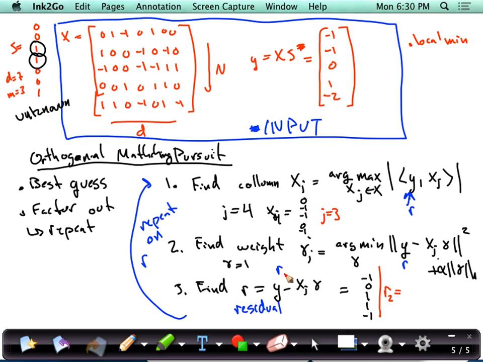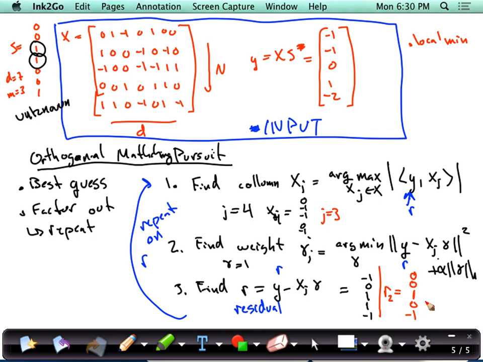So we get a 0, then we subtract out a 0 from 0. Then 1 minus 0 is going to be 1. 1 minus a 1 is going to be a 0, and a -1 minus a 0 gives me a -1.